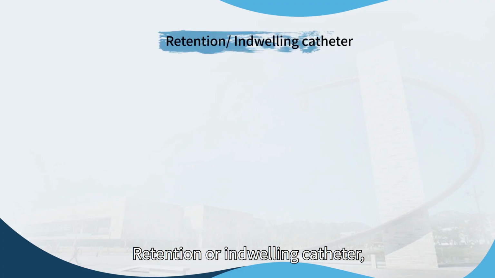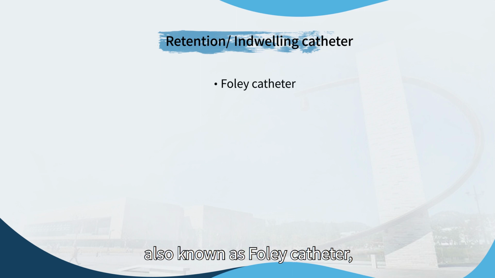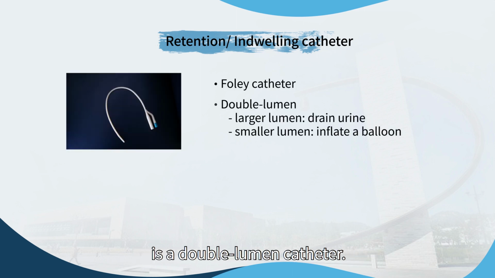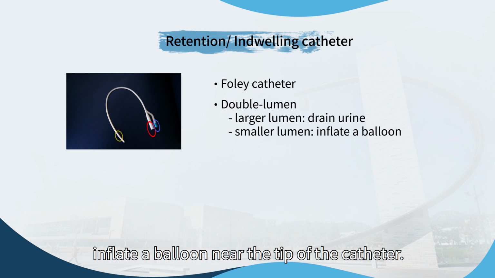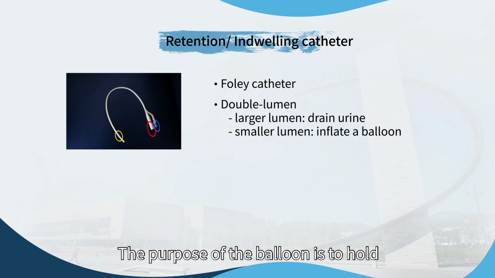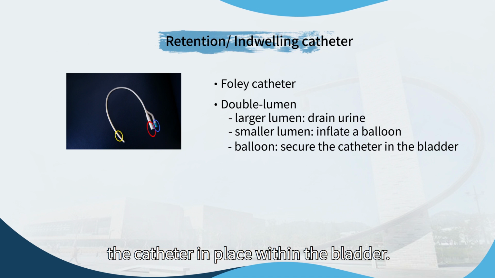Retention or indwelling catheter, also known as Foley catheter, is a double lumen catheter. The larger lumen drains urine from the bladder, while the smaller one is used to inflate a balloon near the tip of the catheter. The purpose of the balloon is to hold the catheter in place within the bladder.